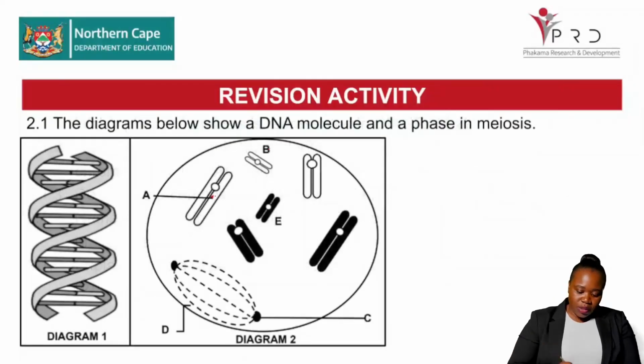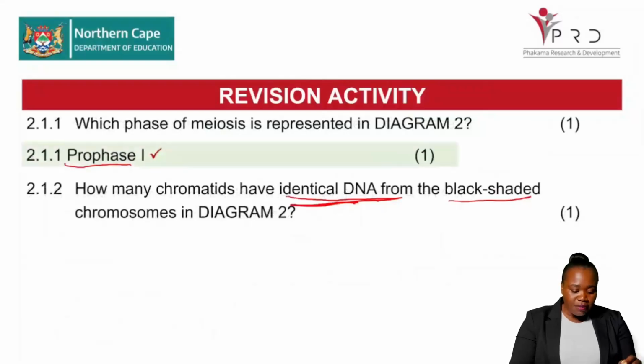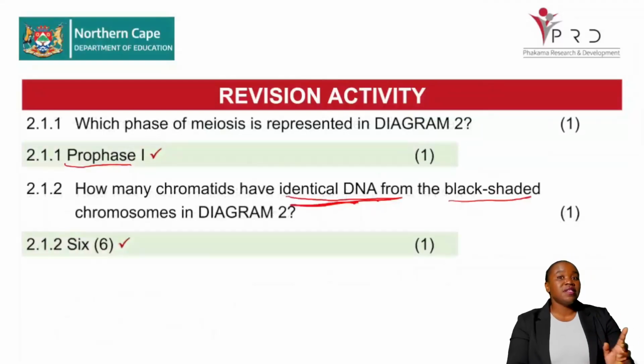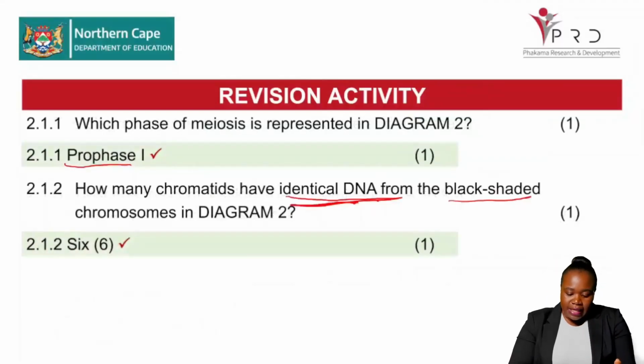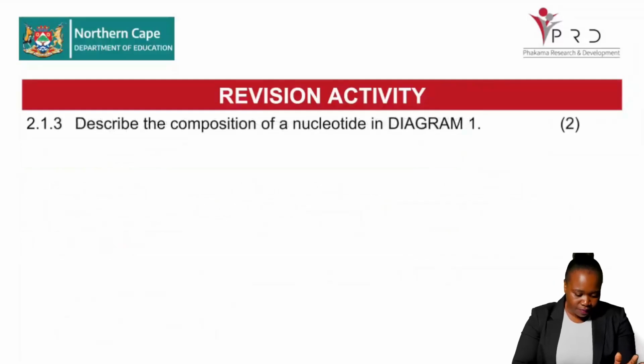Okay, so as we can see, we have these two that are the same, we have these two that are also the same, and we have those two that are the same thing. So it means that we are going to have 6 that have identical DNA, because we have 3 chromosomes that are the same. Therefore, 6 chromatids would be identical.